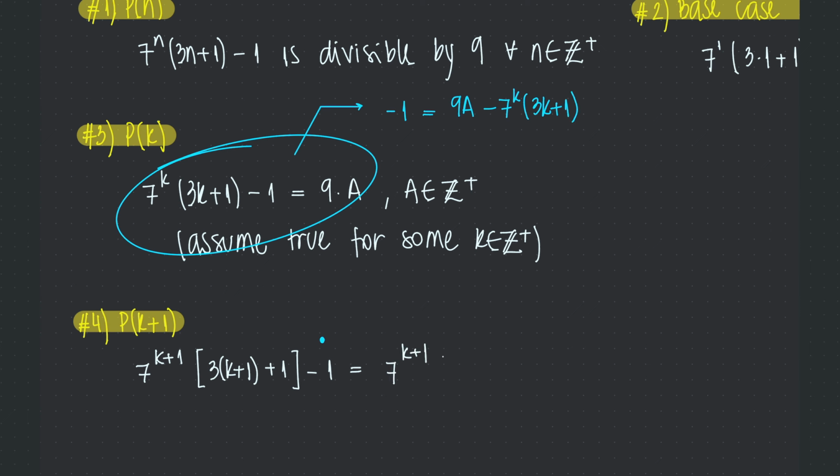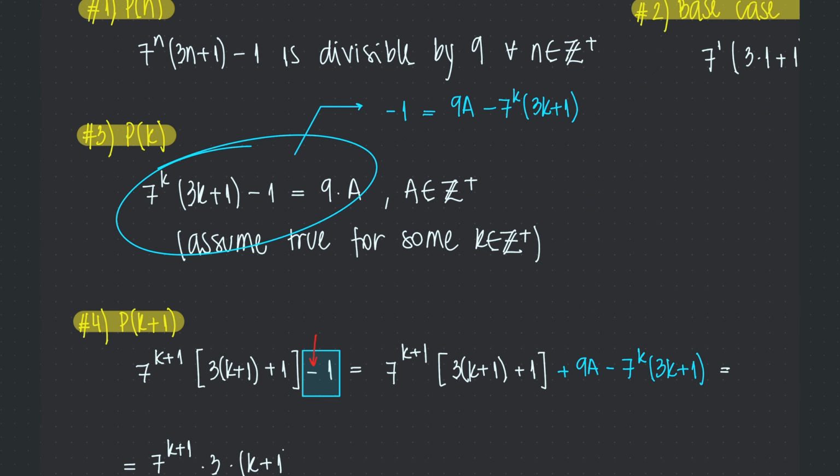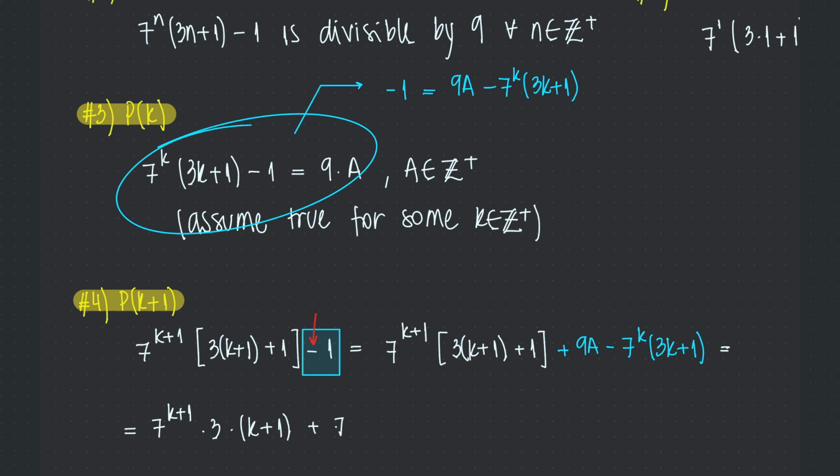Which means that we get 7 to the k plus 1, 3k plus 1 plus 1. And careful over here, you already took care of the negative sign over here, therefore you can just write plus 9a minus 7 to the k, 3k plus 1, which gives us 7 to the k plus 1 times 3 times k plus 1 plus 7 to the k plus 1, and our terms in blue.